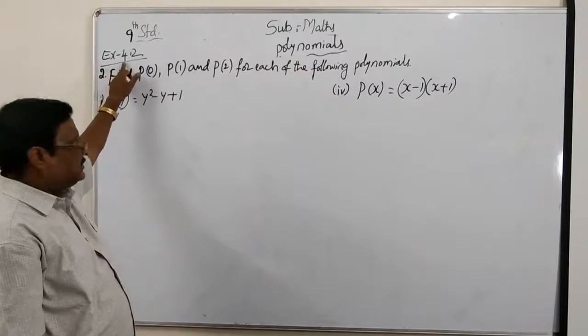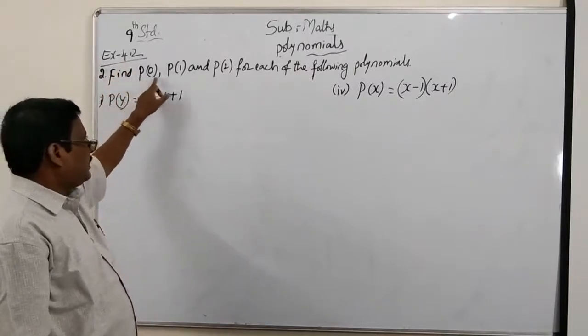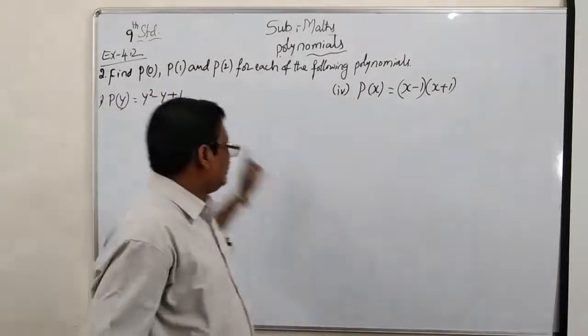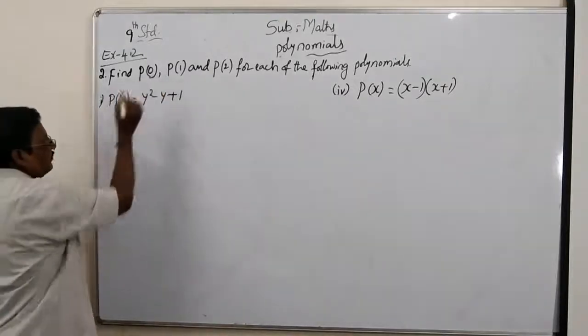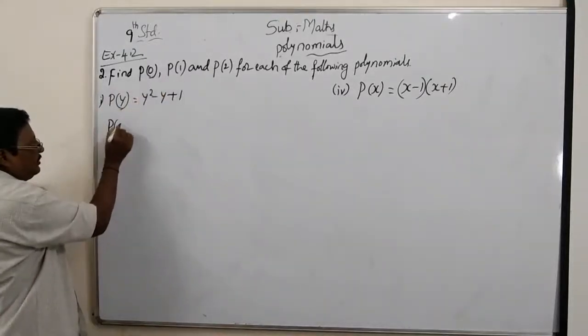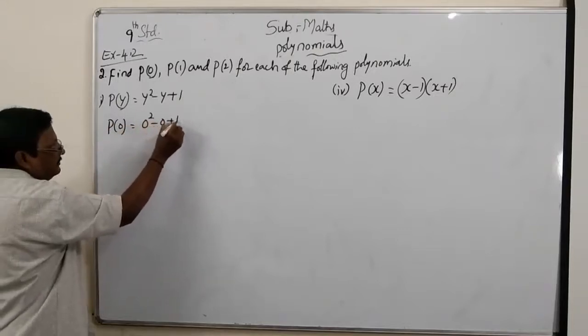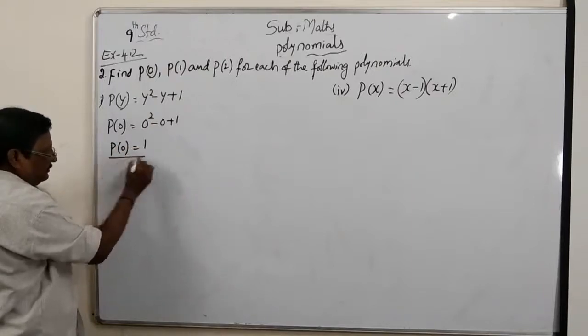Next, in 4.2 exercise, second main, find p of 0, comma p of 1 and p of 2 for each of the following polynomials. This is the first one, this is the fourth one. You see, in the first one, y is equal to 0, p of 0 is equal to 0 square minus 0 plus 1, p of 0 is equal to 1.